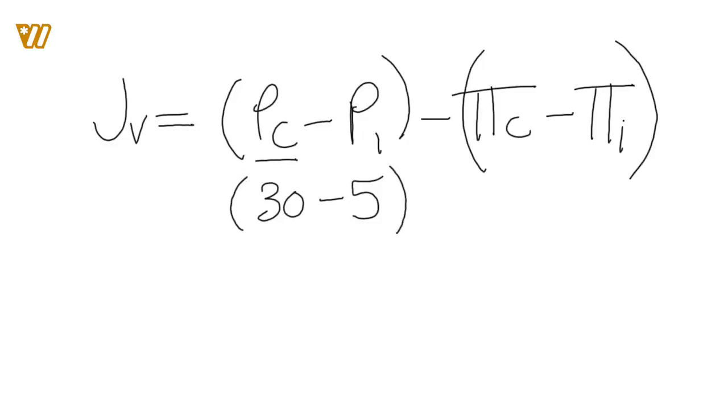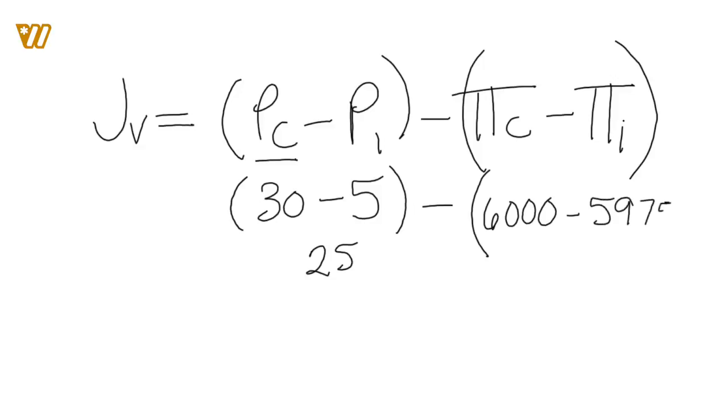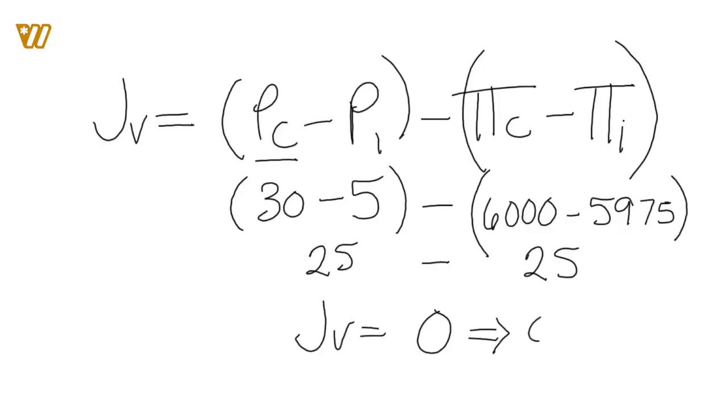Now, let's take that minus capillary oncotic pressure, which we're going to say is 6,000, just because, all right? 6,000, minus the interstitial oncotic pressure, and we're going to make that 5,975, okay? Subtract that first, and now you have 25 minus 25, which is 0, all right? So what does that mean? Well, 0 would mean there is no fluid movement.